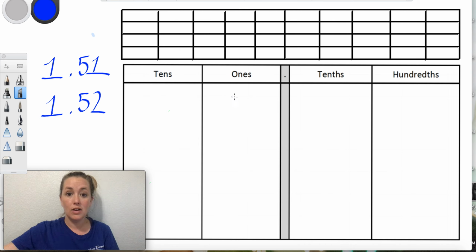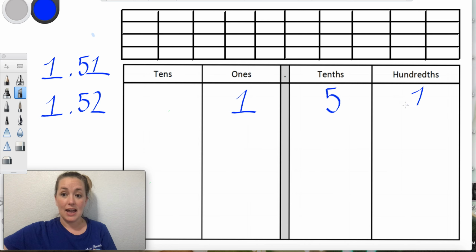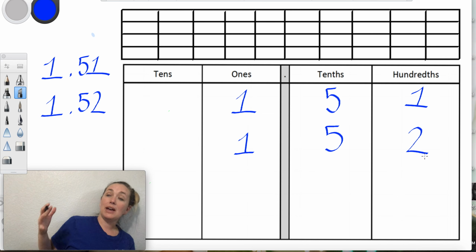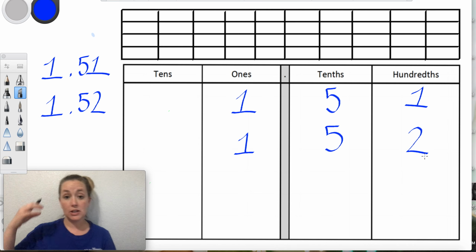So, let's go ahead and write these numbers in our place value chart. I have 1 one, 5 tenths, and 1 hundredth. With my 1 and 52/100ths, I have 1 one, 5 tenths, and 2 hundredths.